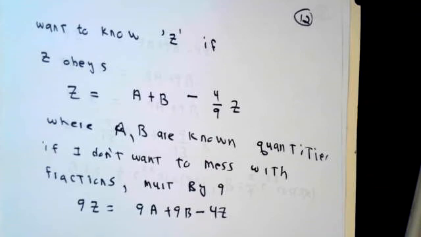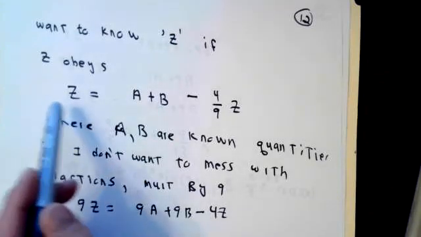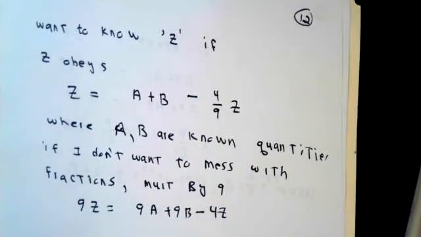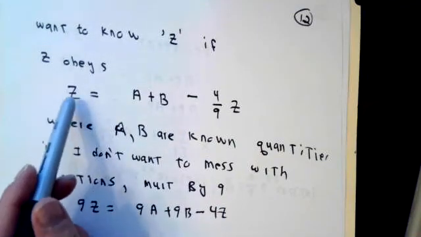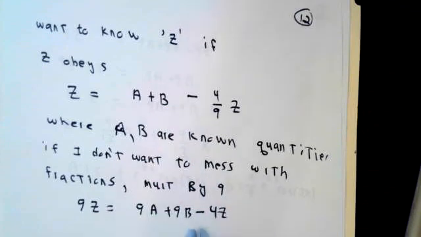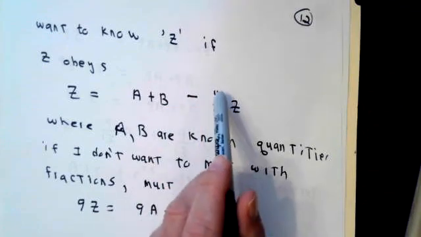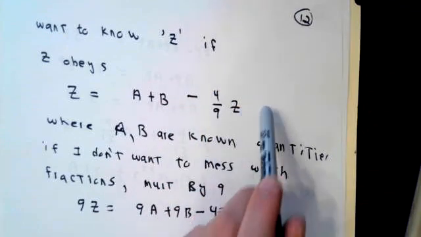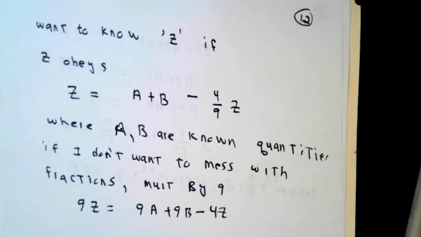Now I can mess with the terms directly, or if I feel like not messing with fractions very much, except at the end, I can multiply through by 9 to get rid of all the fractions. I decided to do that. So I'm going to multiply through on both sides by 9. Z times 9, A times 9, B times 9, minus 4/9 Z times 9 is 4Z.